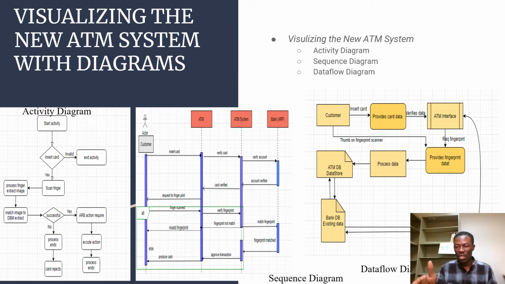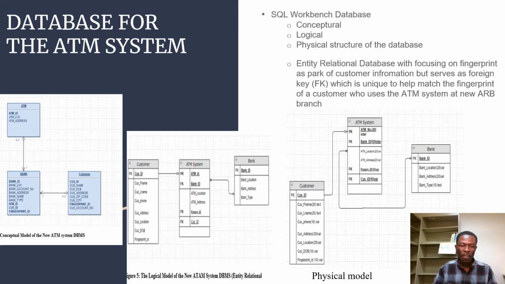And then when we come to the right side of the screen, we have the data flow diagram. This shows how data is flowing in the system. In order to make this project very comprehensive and understandable, we have to focus on fingerprint, because fingerprint is the central idea or the central focus of this project.